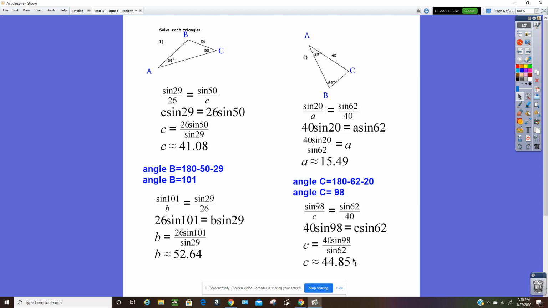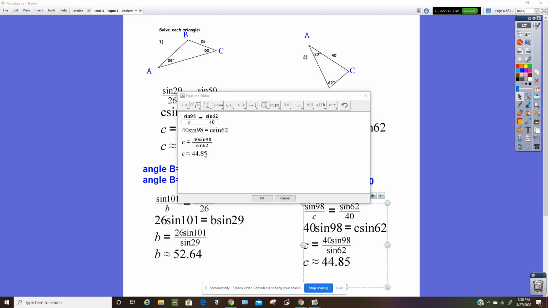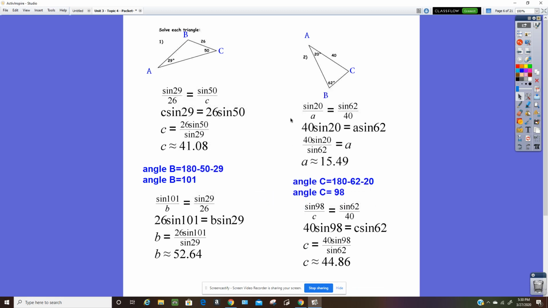Should be a 6. And then hit OK here. And so there's number 2 solved on a video.